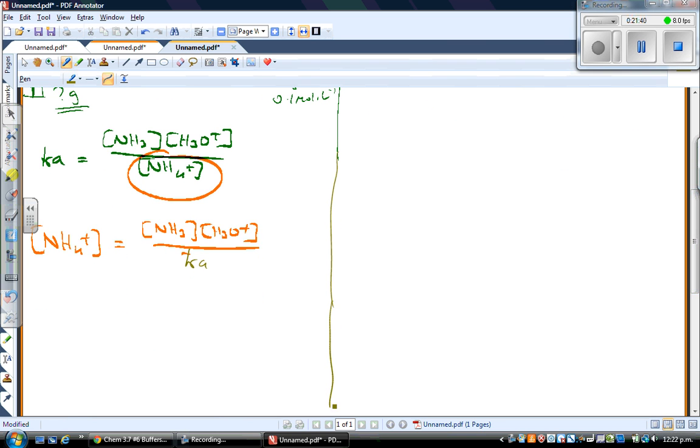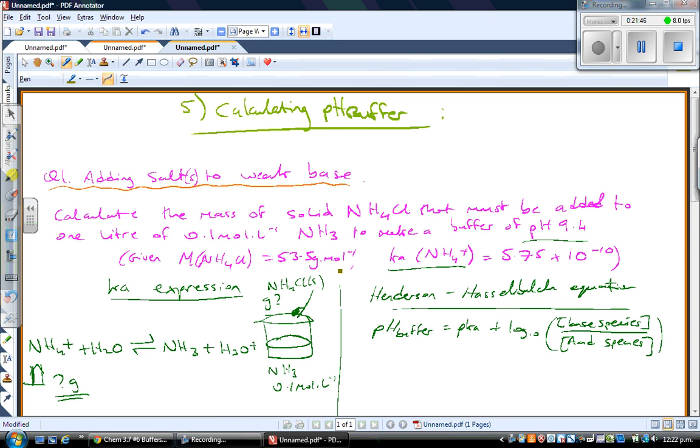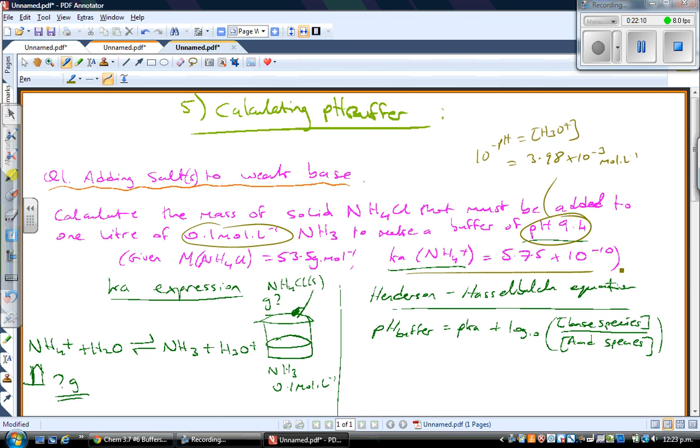Well, if we look back to our question at the start, the concentration of ammonia was given as 0.1 mole per litre. The pH will tell us the concentration of H3O plus, because 10 to the negative pH will give us the concentration of H3O plus, which works out to be 3.98 by 10 to the minus 10 moles per litre. So we have our H3O plus, we have our ammonia, and we have our Ka value right there.